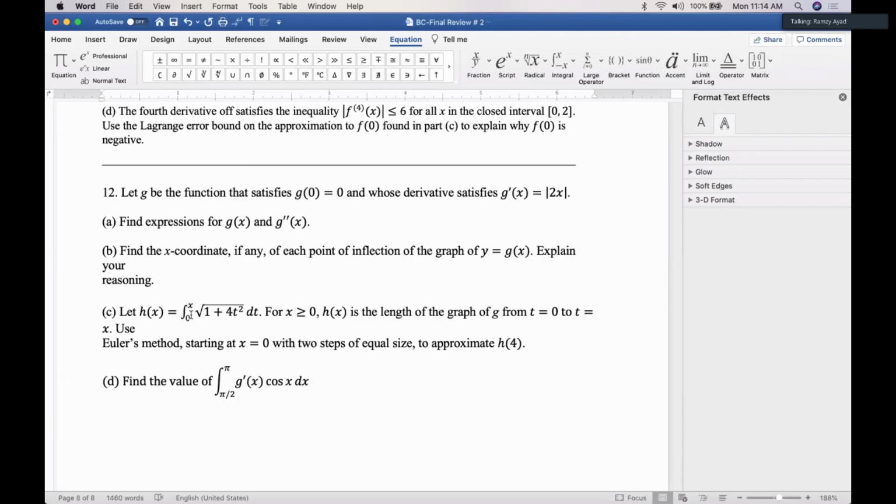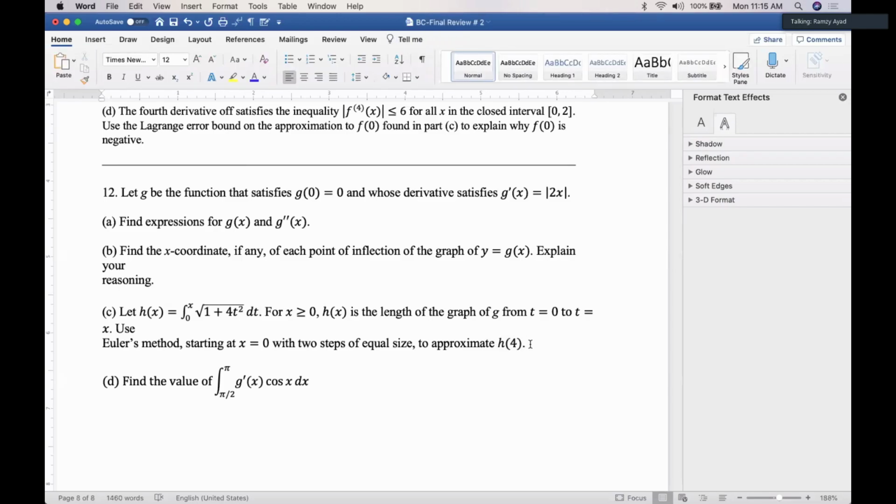Let's see. It says let h of x equal to this for x greater than or equal to 0, and h of x is the length of the graph of g from t equals 0 to t equals x. Euler's method starts at x equals 0 with 2 steps of equal size to approximate h of 4.